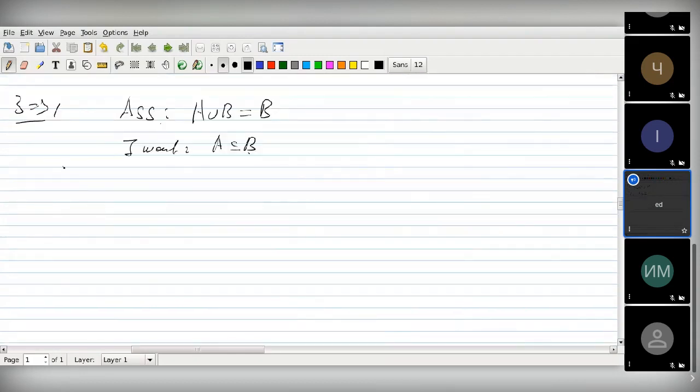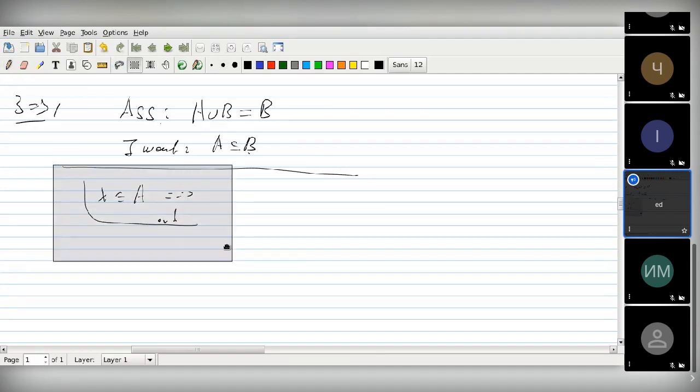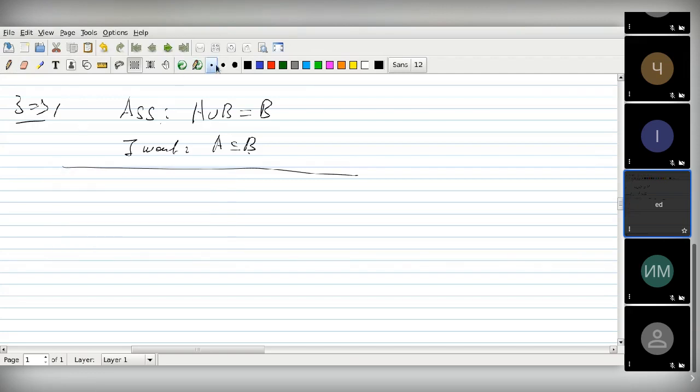It's also very easy. If X is an element of A, then of course by lemma 1, okay, there is no need to consider any particular element. We know that A is a subset of the union by lemma 1.